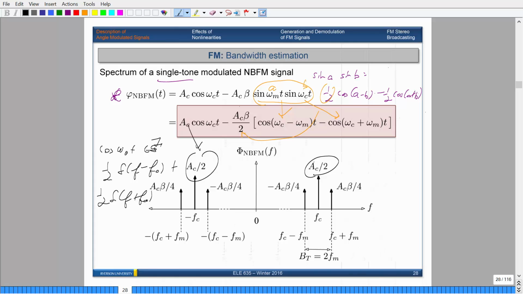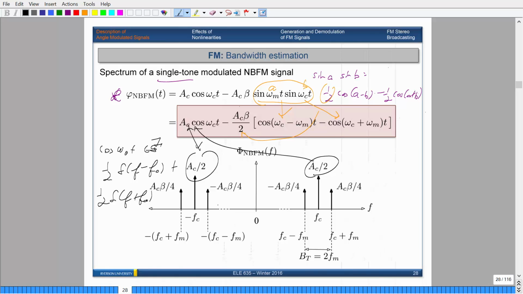Okay, so that is over here. Then you have 4 more impulses, one centered at omega c minus omega m, which is over here, and notice that your amplitude is AC beta over 2, but then you have to divide by 2 again, so it's AC beta over 4, so that's why it's scaled by half. And then minus becomes a plus for the omega c plus omega m, and that's what you have over here. Remember, there are 2 copies, one on the right side and one on the left side. So if you find the Fourier transform of this relationship, that's what you get as a result.